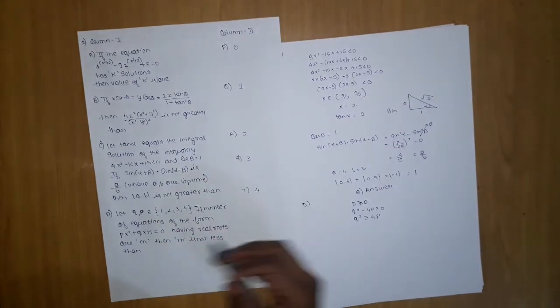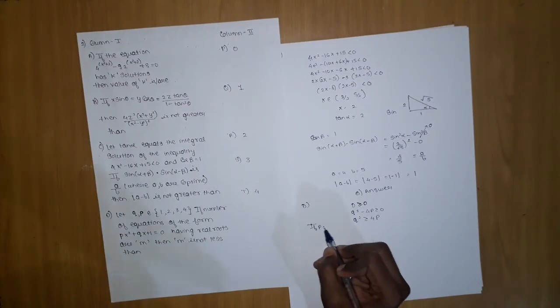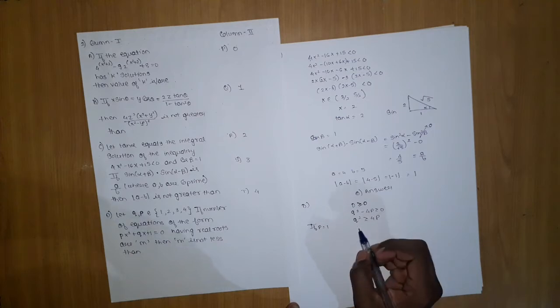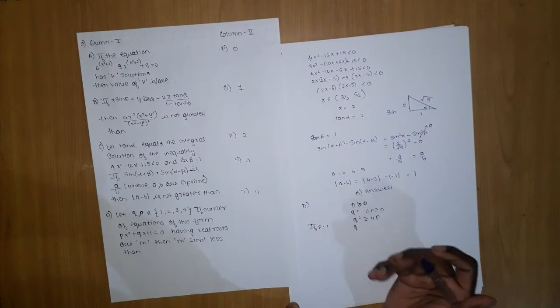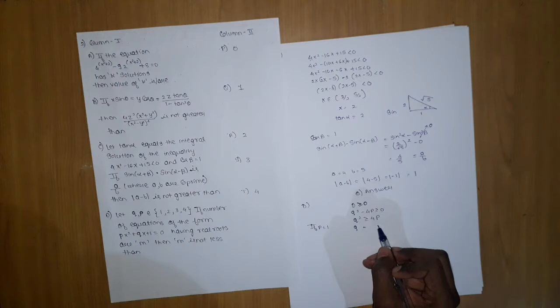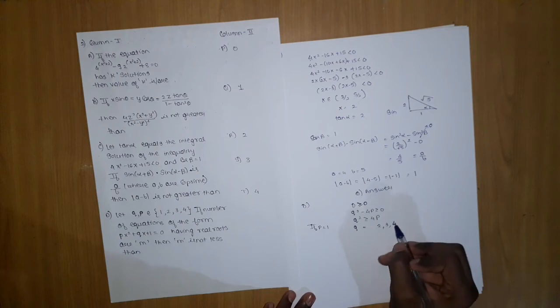Now p belongs to 1 2 3 4, so if we put p equal to 1, it will be 4. Now q square should be greater than or equal to 4, so what value can we put for q? It can be 2, it can be 3, it can be 4.